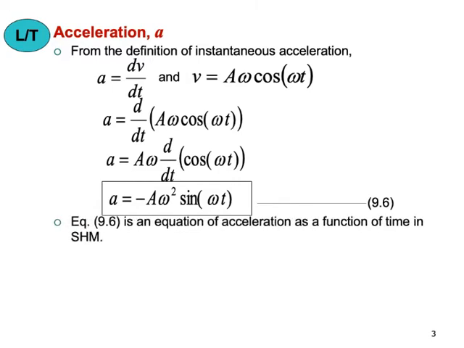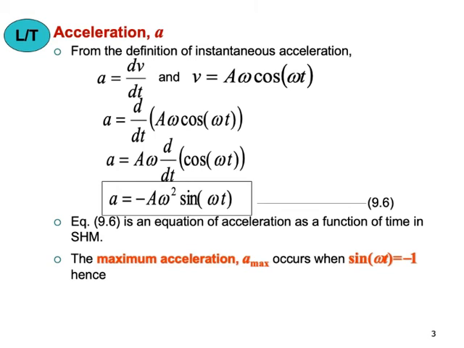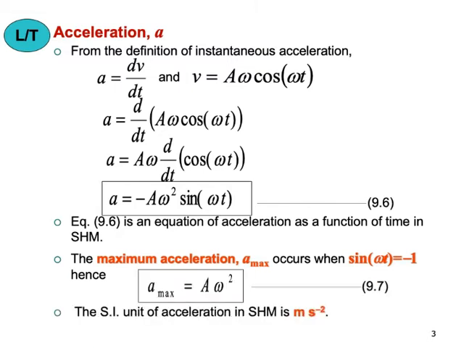Equation 9.6 is an equation of acceleration as a function of time in simple harmonic motion. The maximum acceleration, a max, occurs when sine omega t equals to negative 1. So, a max equals to A omega squared. The SI unit of acceleration in simple harmonic motion is meter per second squared.